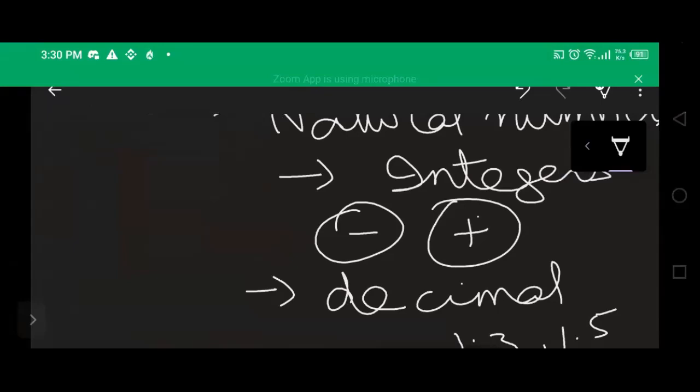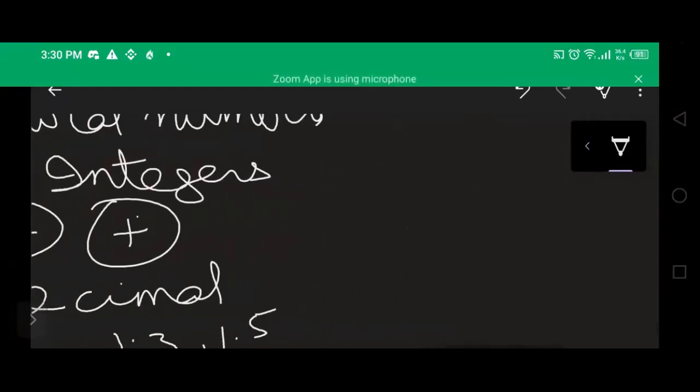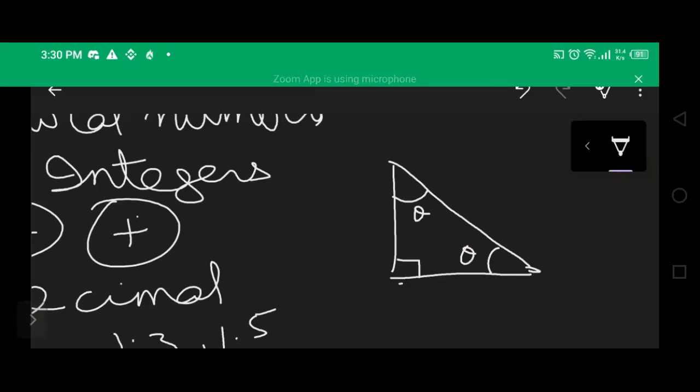Can you please draw a right angle triangle? Now, this triangle has 3 sides, right? 3 angles, right? Can you please put the other 2 angles? Now we know that the hypotenuse is opposite to the 90-degree angle, right? Now the opposite is opposite to which angle?